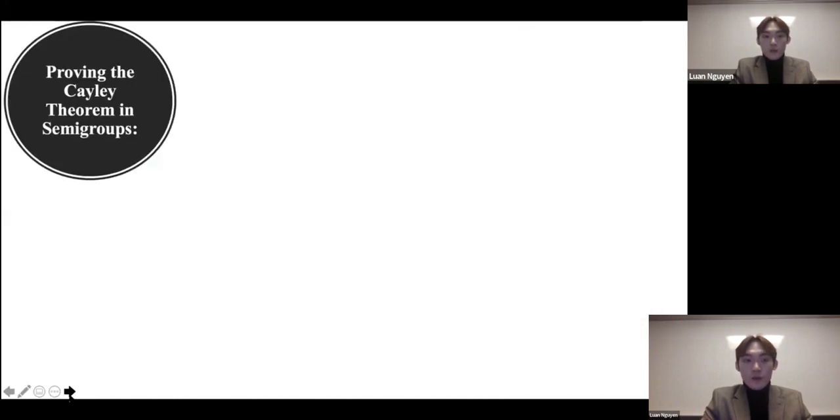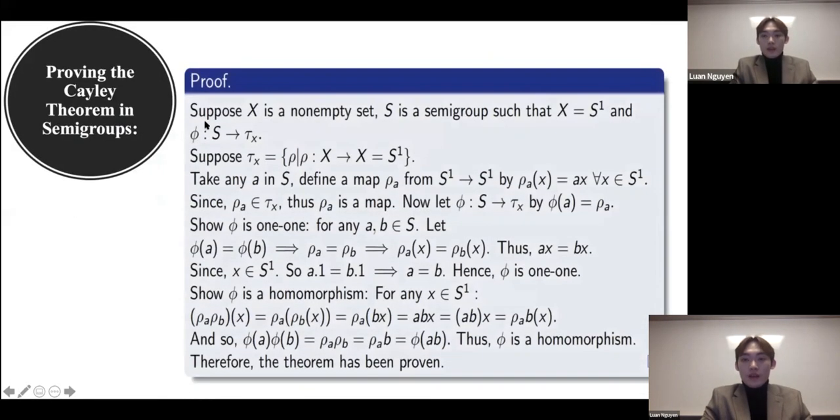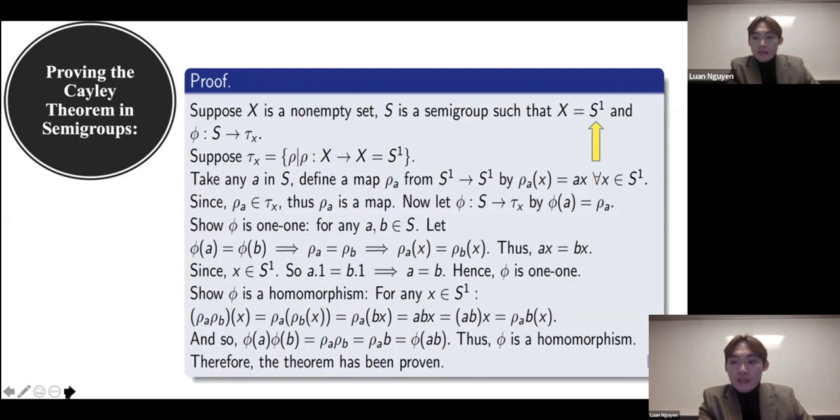And here is the proof of the Cayley theorem. So here is my proof for the Cayley theorem in the semigroup. We can see that I add the number 1 into the semigroup S to make it a monoid, and that's the reason theta can become one-to-one. And then I define two maps.